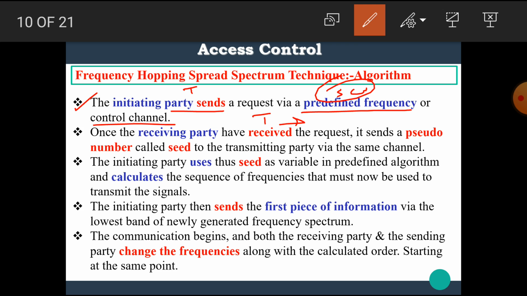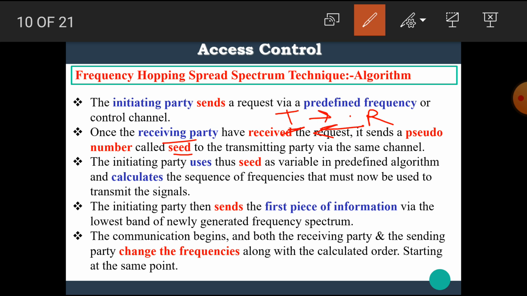Once the receiving party has received the request, it sends a pseudo-random number called the seed to the transmitting party via the same channel. That means when the transmitter transmits the request, the receiver receives it and transmits a pseudo-random number called the seed back.